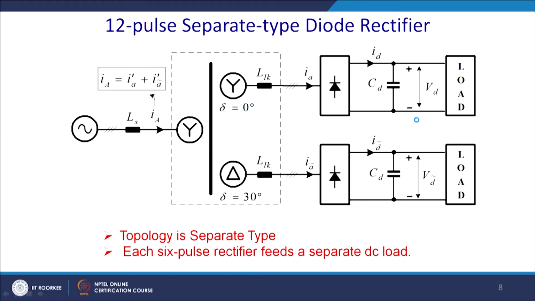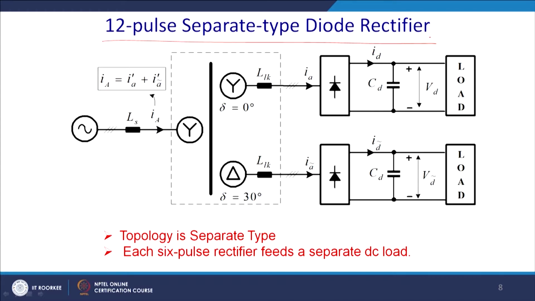Now, till now we have seen the series operation of the converter, and that gets reflected ultimately, maybe feeding a multi-level inverter for different kinds of speed drive, but with a 12 pulse separate type diode rectifier.